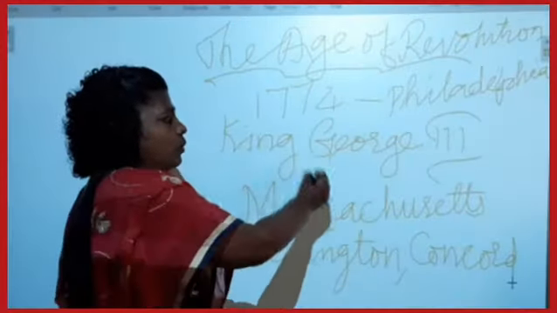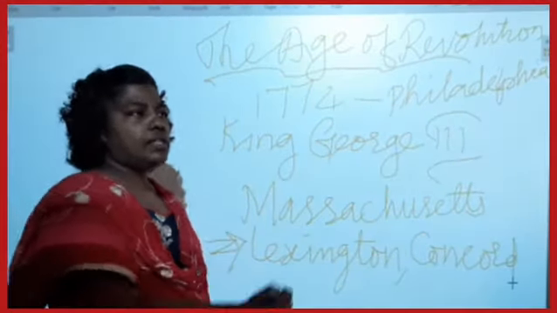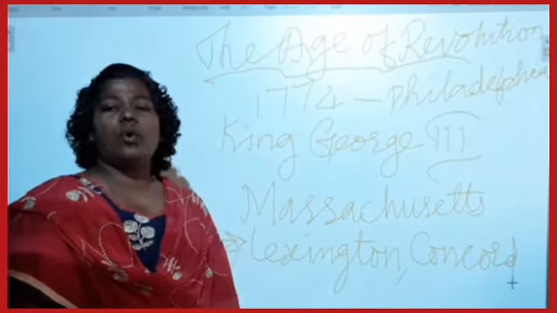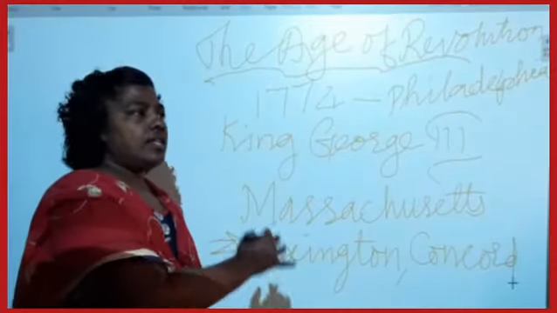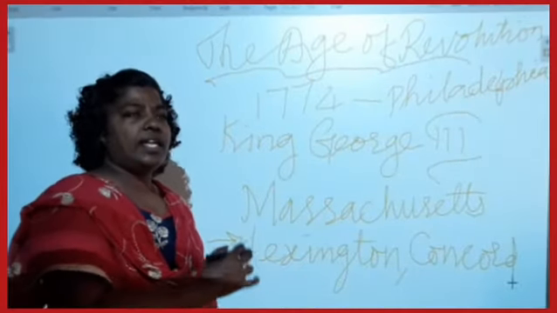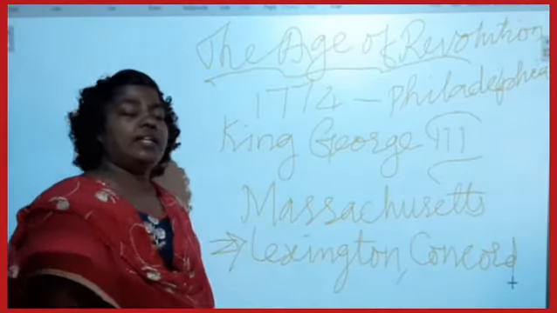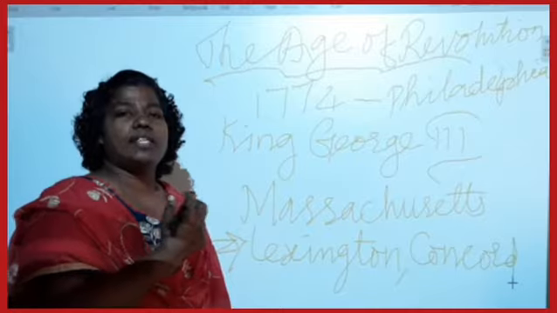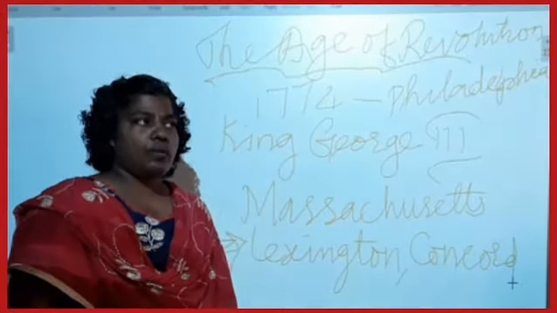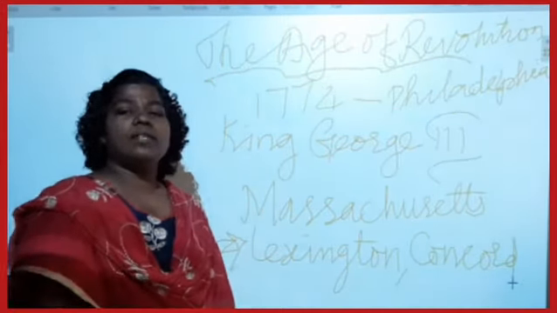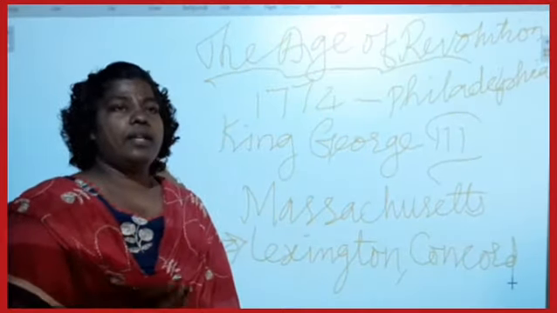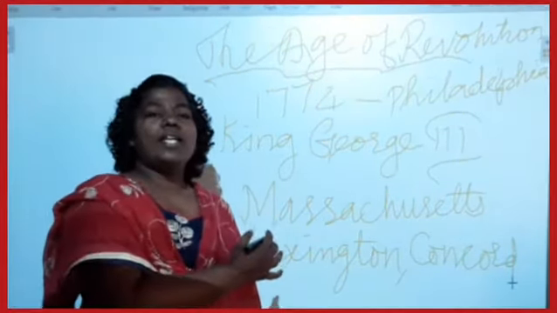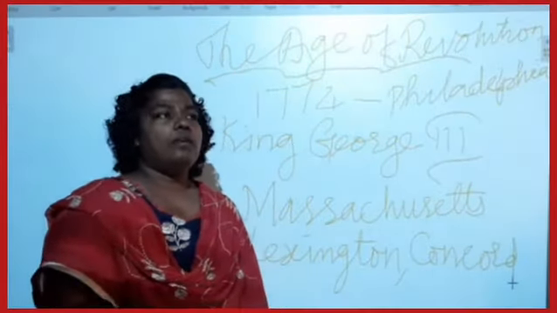During this war, the colonies selected George Washington as their general. Under the leadership of George Washington, the colonies fought against the British rule, and in 1781 there was the birth of the United States of America.